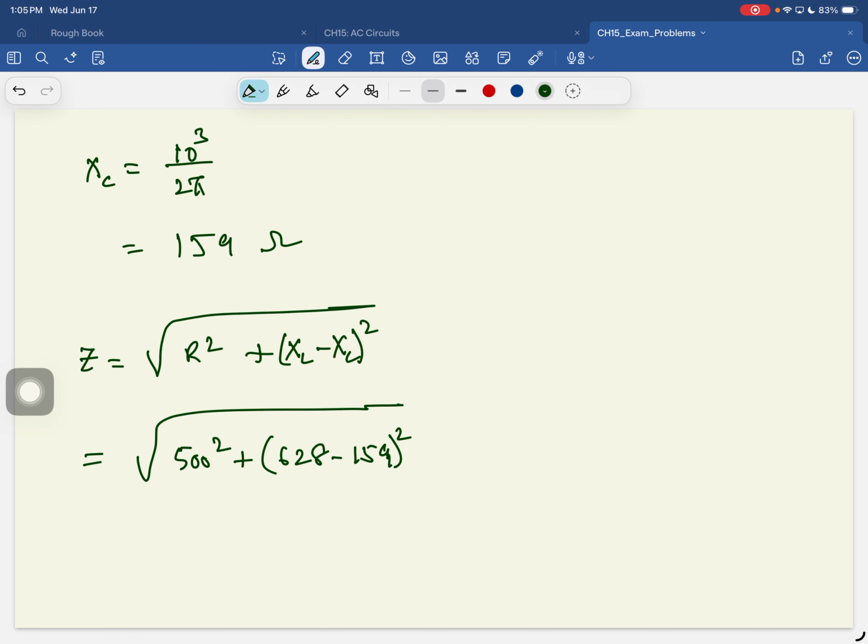So 0.75 radians. So I(t) is 0.146 amps sine of (1000 pi t minus 0.7).